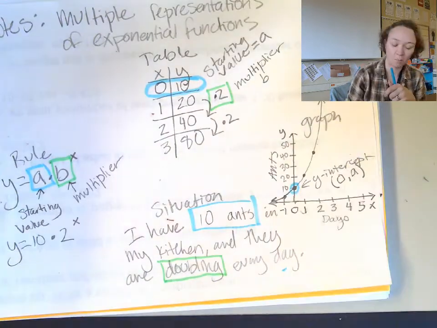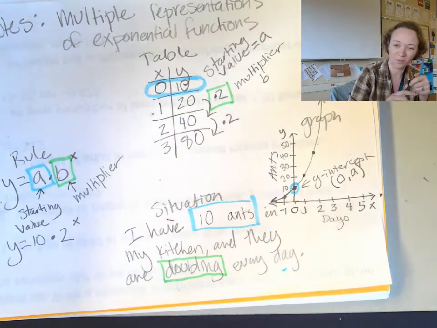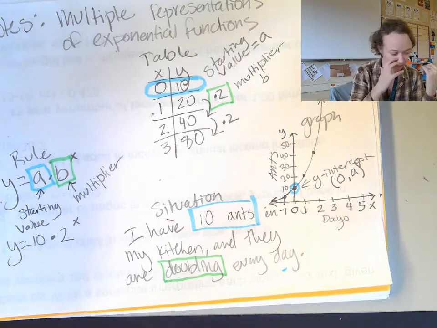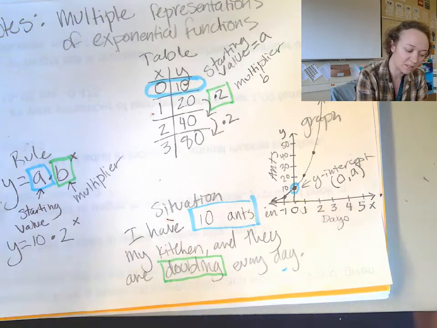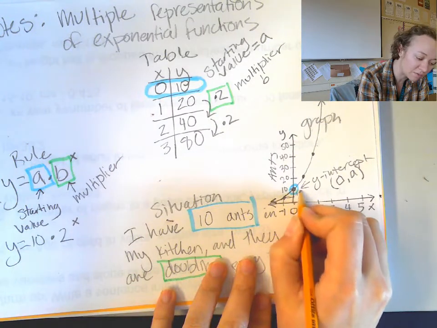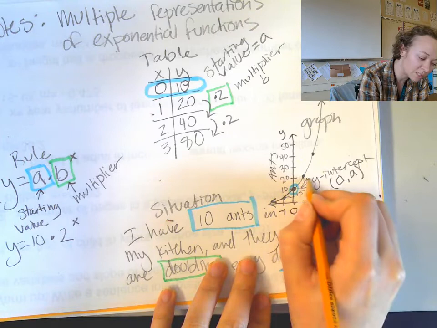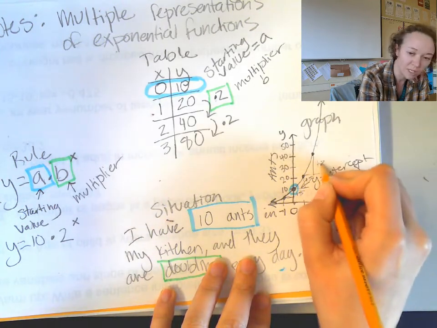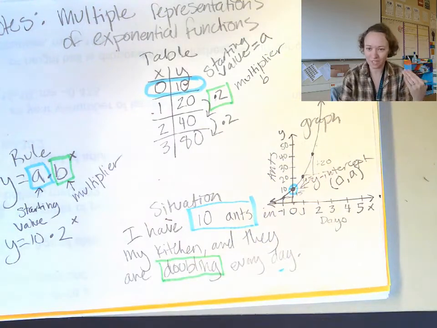Then my multiplier. I want that to be the slope, right? That feels right to me for this to be the slope. But if you think about it, the slope changes every time. Right here, it's +5. Right here, it's +10. Here, it's +20. So adding on every time doesn't work.